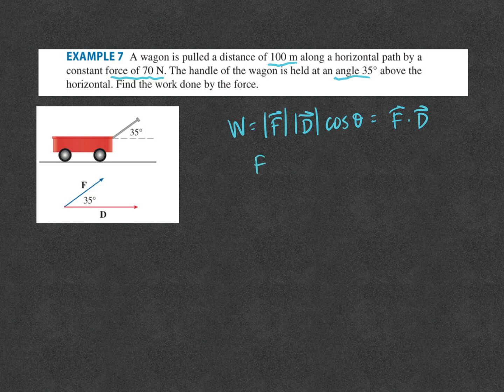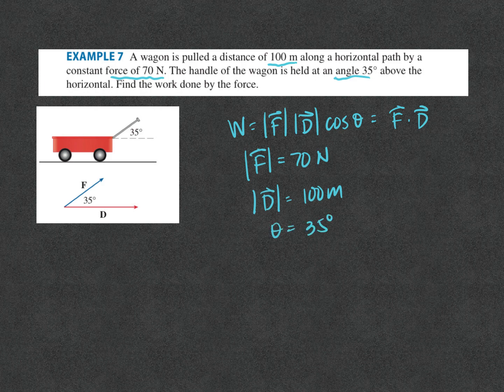So if you look at it, the magnitude of the force, that's what we usually call the length, is 70 newtons, and the magnitude of the displacement is 100 meters. Do you see newton meters right there? And then the handle of the wagon is at an angle of 35 degrees, so theta is 35 degrees.